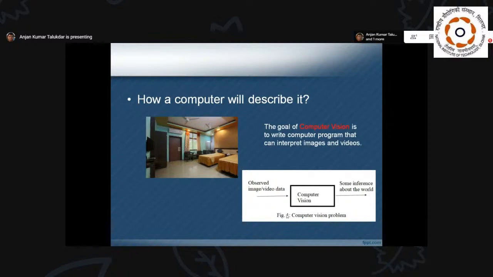That is basically the goal of computer vision. So input to the computer vision system is image or video data, and output is some inference about the world or the interpretation of the image or video data.